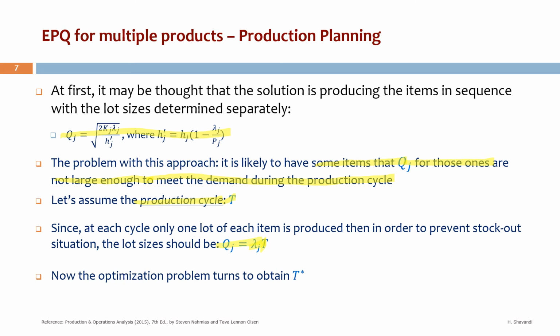If we produce Qj equal to lambda j times T at each cycle, then we will be sure that we have enough production and enough inventory to satisfy all demands during the cycle time. By this interpretation, the optimization problem turns to obtaining T star instead of Q star. If we obtain T star, we can easily obtain Qj star by multiplying lambda j by T star.